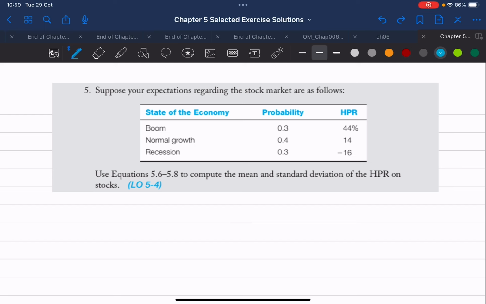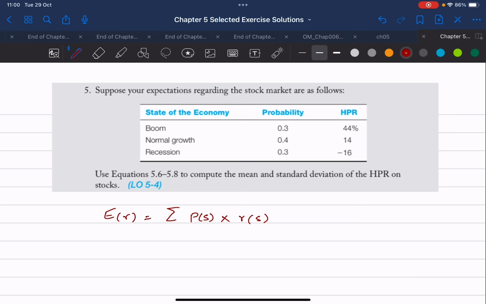To calculate it, we are going to use the following formula. It's the expected return, which is the mean of the three scenarios, equal to sigma each probability multiplied by the expected return on that probability.